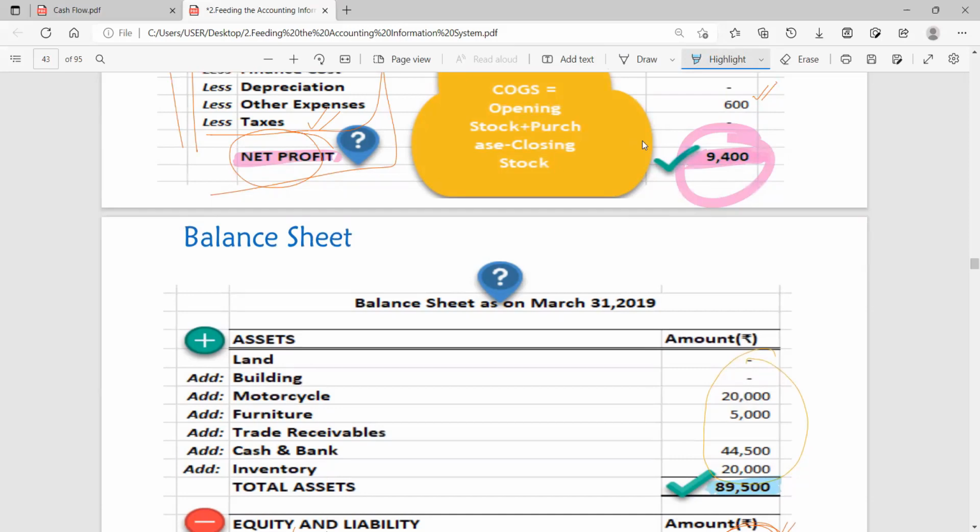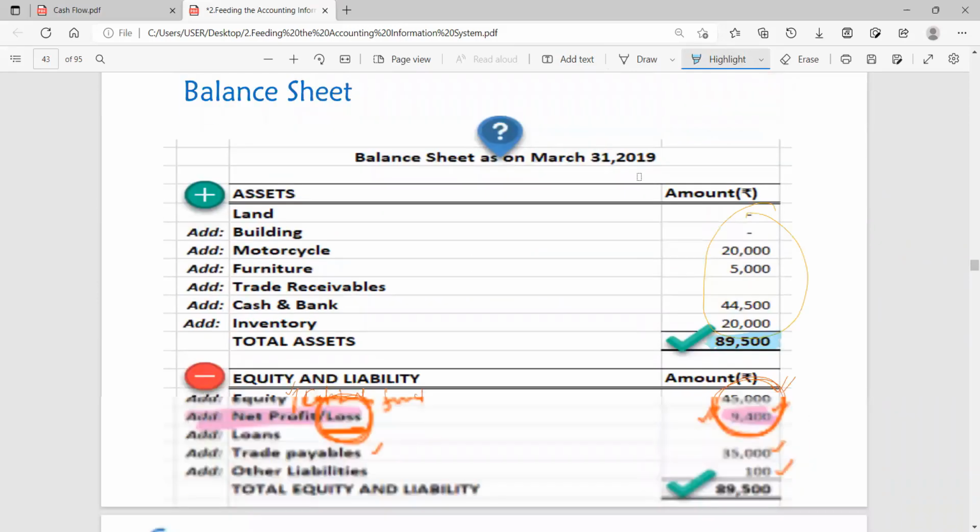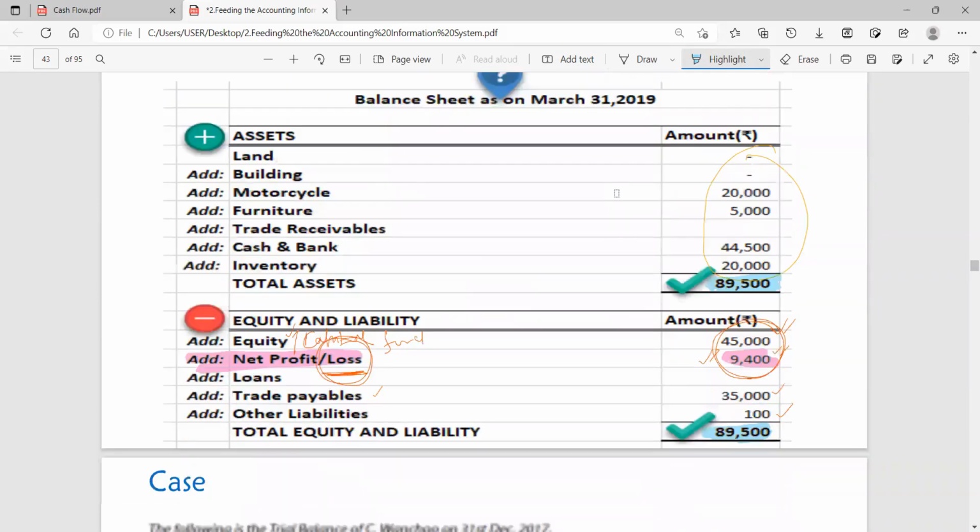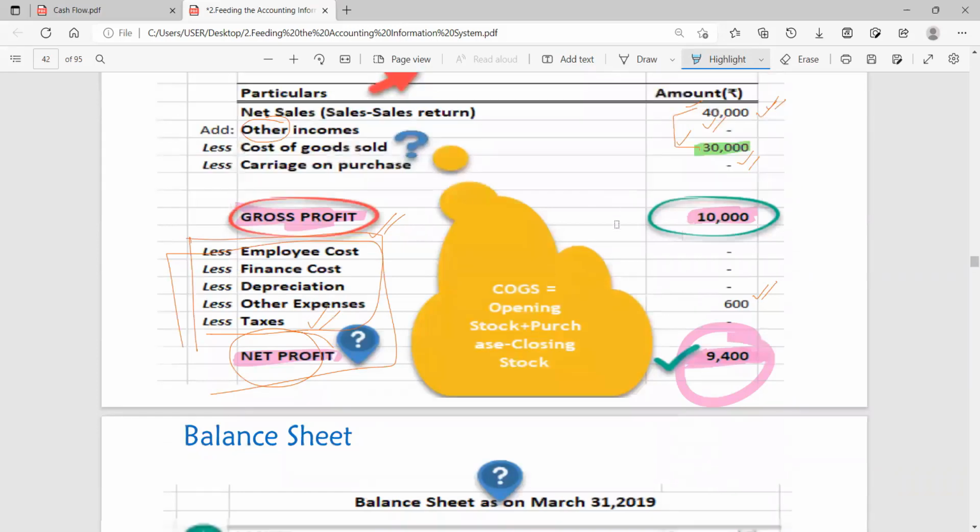So they generally follow the normal standard accounting guidelines. They use the standard accounting practices to prepare the financial statements, the income statement and the balance sheet.